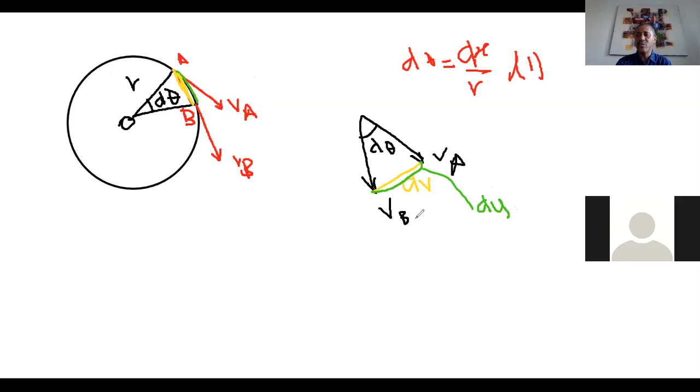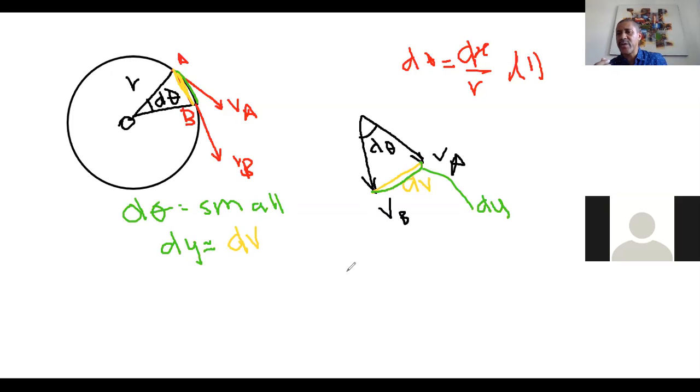If this theta is small, we can say the ds is approximately the same as dV. I don't say the same as dV, but we can do some approximation. Be careful. That is our approximation here, just to solve this problem.